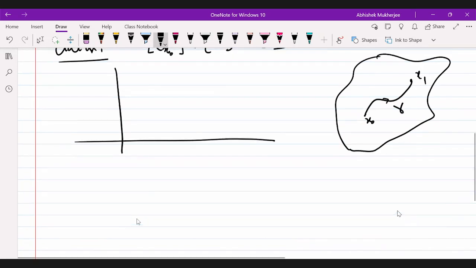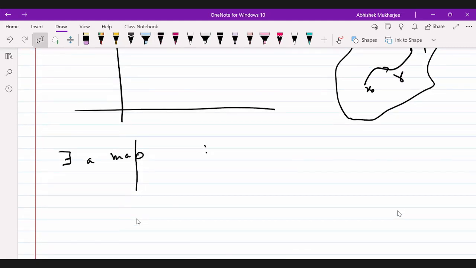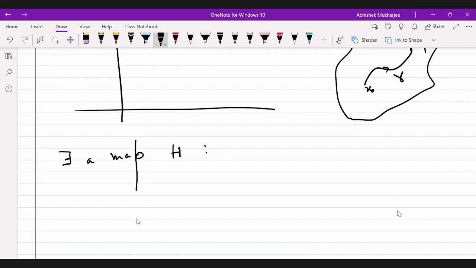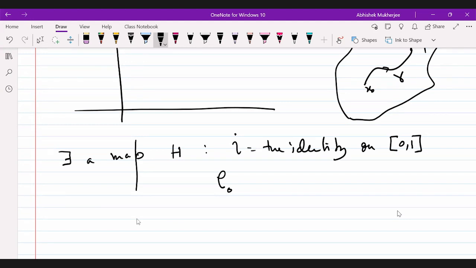Now, you need to establish that there exists a map, the function h, that will take the identity map, that means I, the identity on the closed unit interval, and another path, let us call it E naught, a constant path at 0.